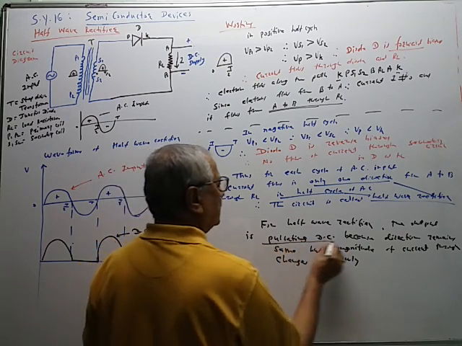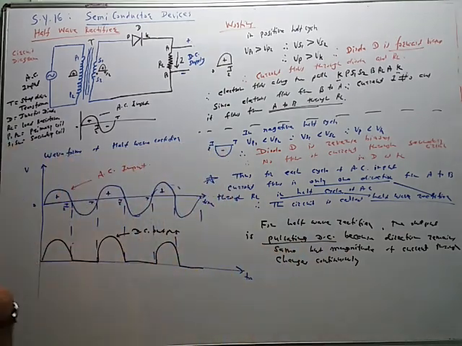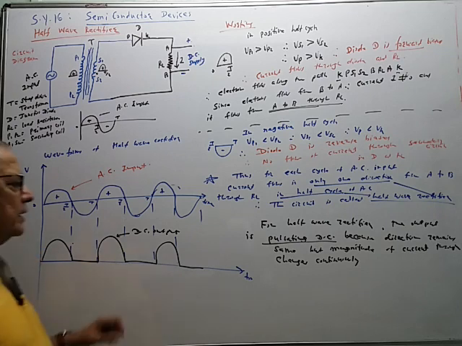Therefore, it is called pulsating DC. Current direction remains same, that's why it is called DC, but its magnitude changes, pulsating DC.